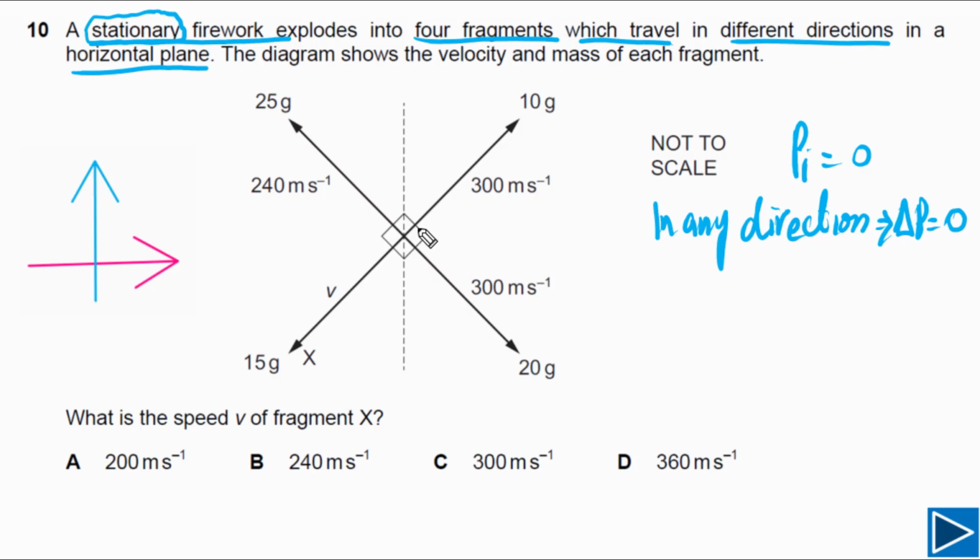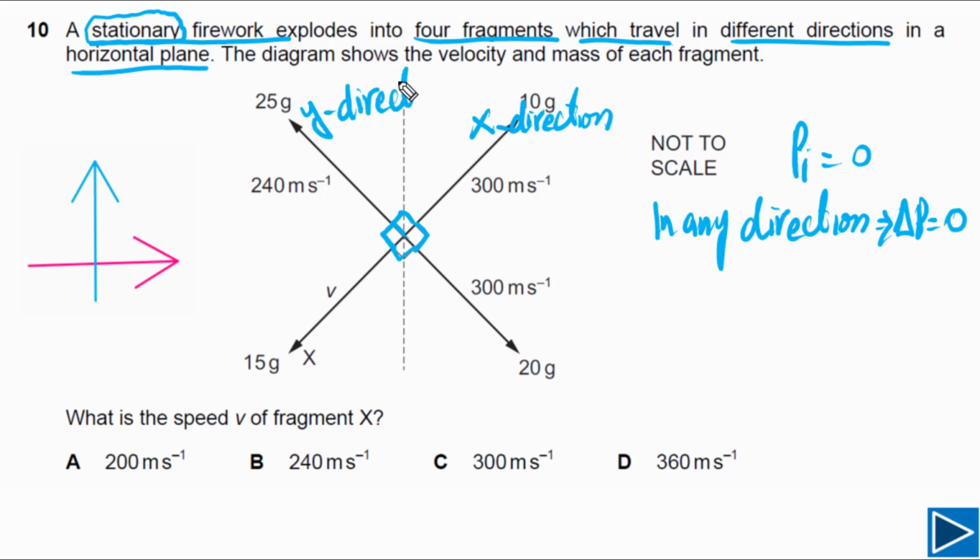Now if you look at all these fragments, the angle between these vectors is 90 degrees. You can see this angle is 90 degrees, this is also 90 degrees. So it means that vectors are perpendicular to each other. We need not resolve into components. Let's say this direction is x and this is the y direction.